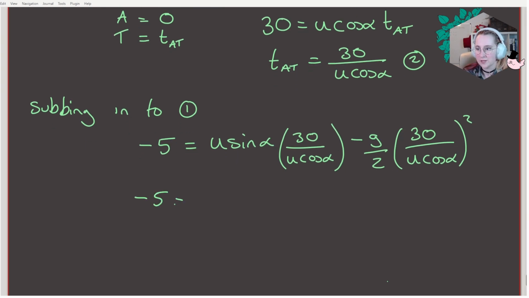We have -5 is, so the u's cancel, so we get 30 tan alpha, sine over cos is tan, minus g over 2 times 30 squared, which is 900. 900 over 2 is 450.